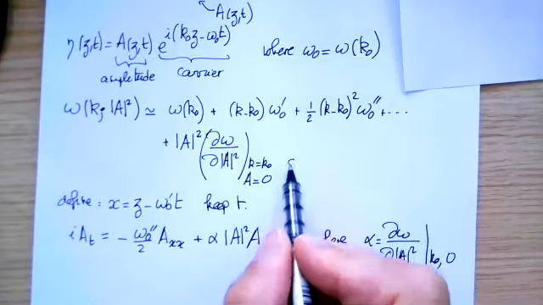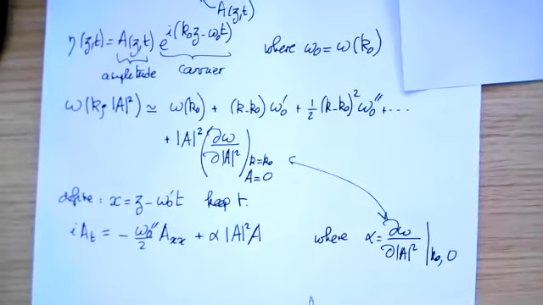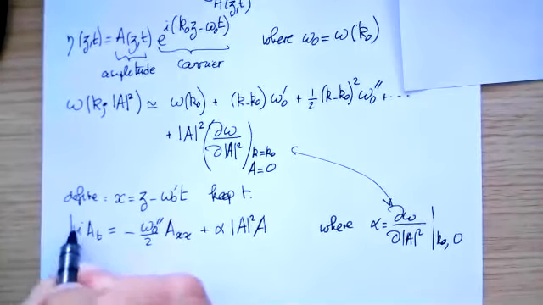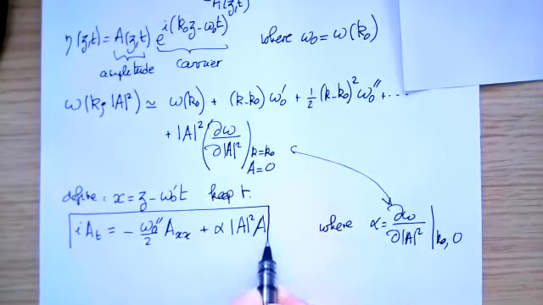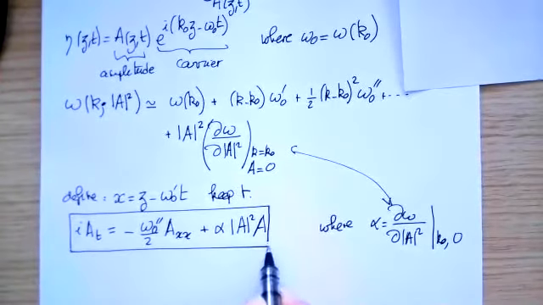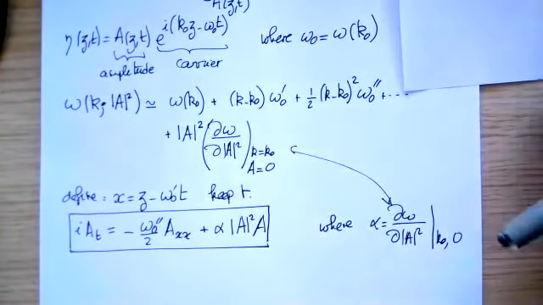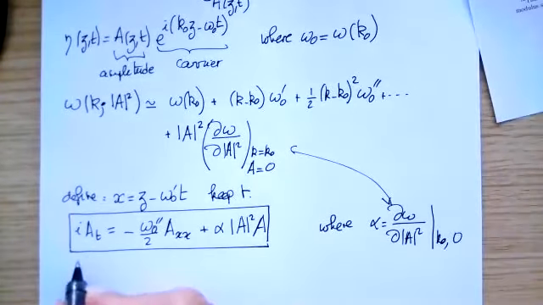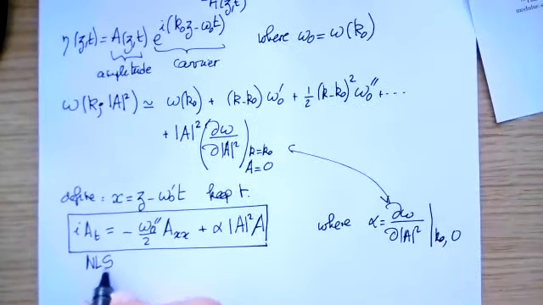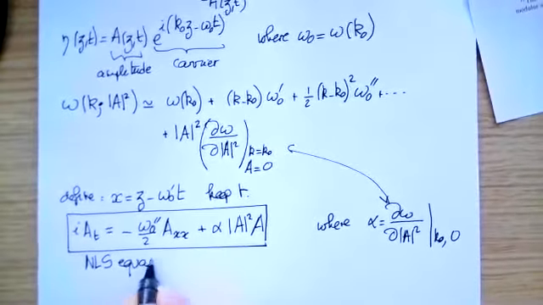So this guy there. Okay? And this equation here, which governs the dynamics of the amplitude, is called the nonlinear Schrödinger equation, NLS equation.